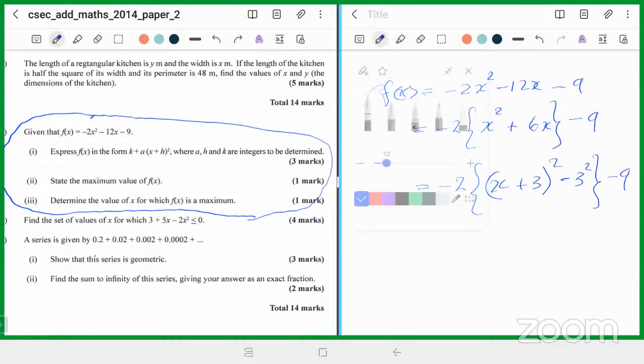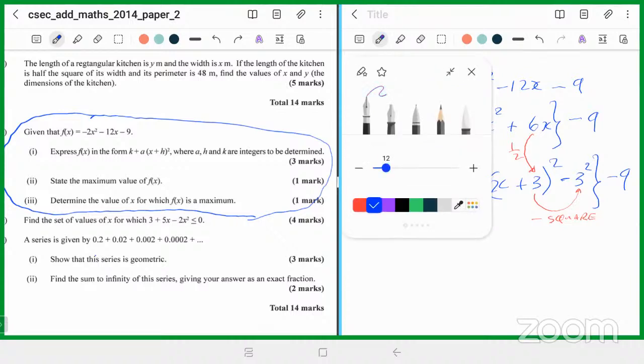Next time I'm not going to write it: I halve this value to get there, then subtract the square of that value. It's a two-step process, very easy. Nobody should get this wrong. Just make sure that when you factorize the -2, because it's negative, this changes sign as well to positive. That is the only place anybody has the risk of making a mistake. Apart from that, everything is normal.